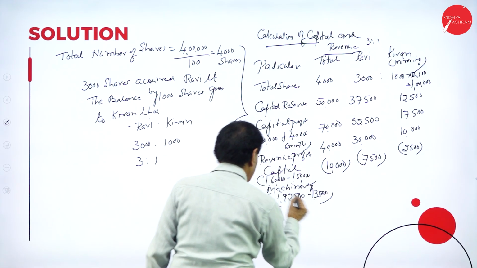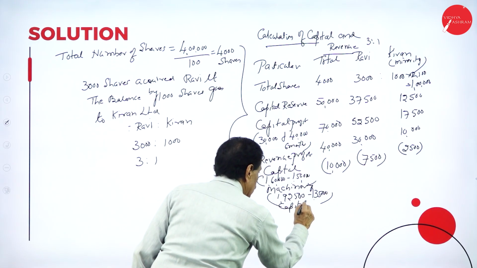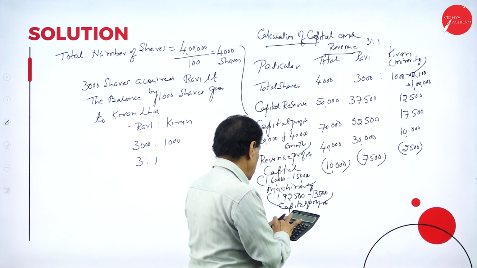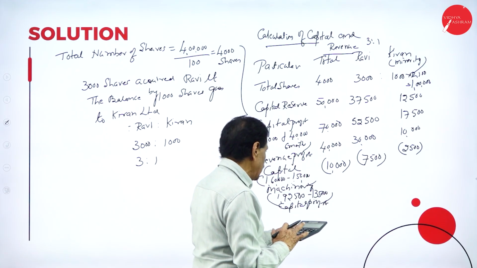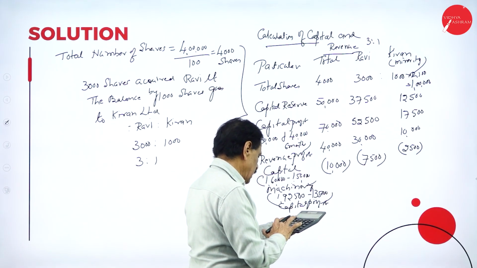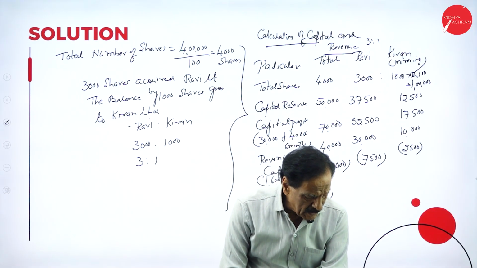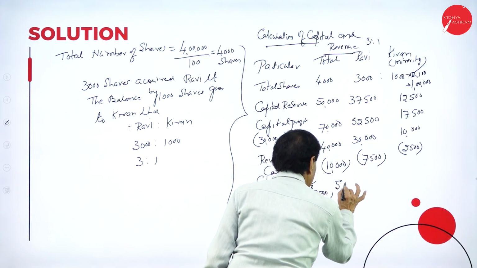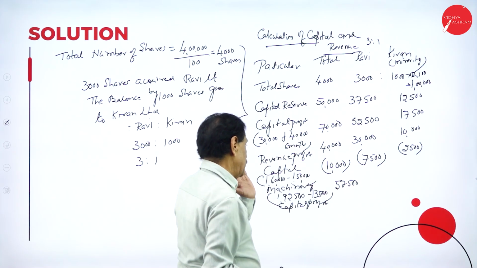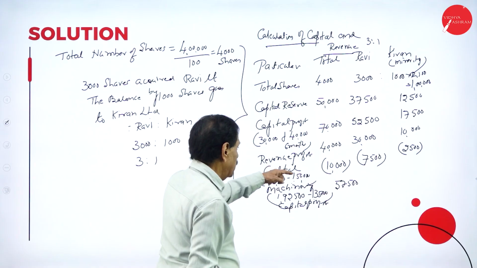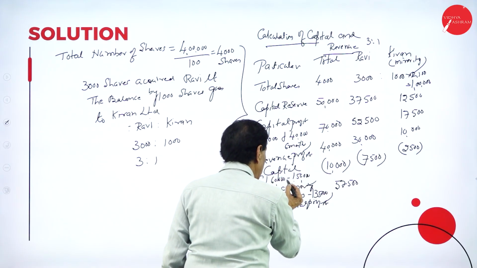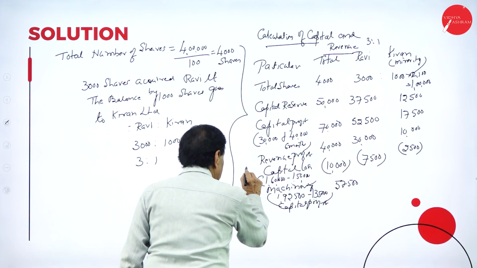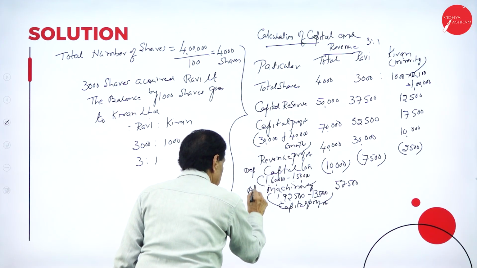You got a capital profit to the extent of 1,92,500 minus 1,35,000, 57,500 capital profit. This is your appreciation. Machinery appreciation is a capital profit; the building's capital loss is a depreciation.